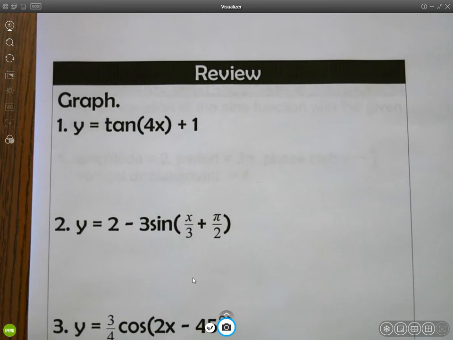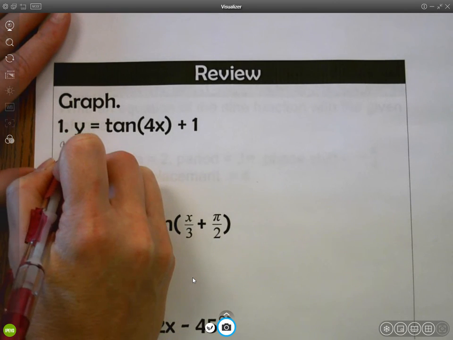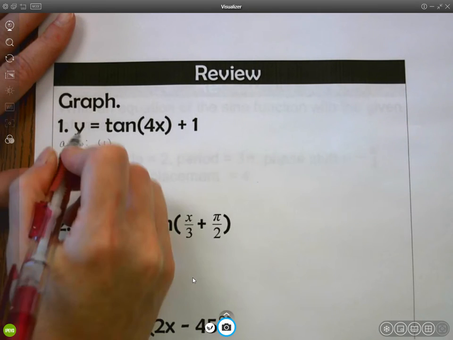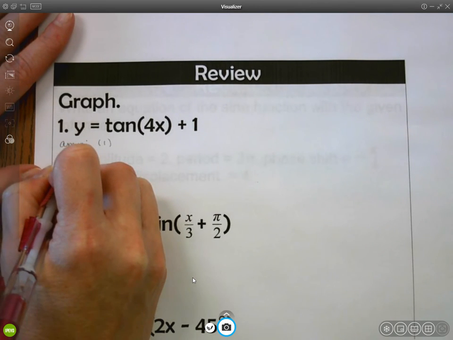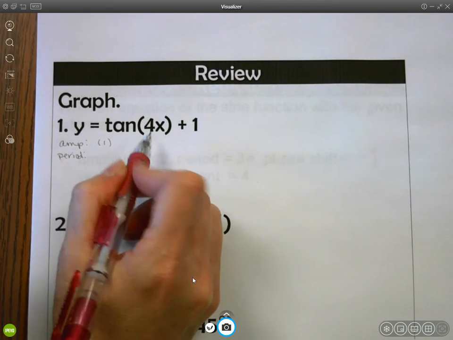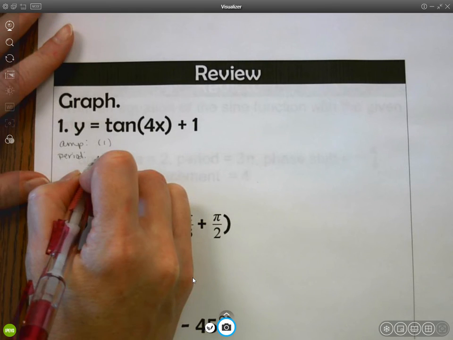Okay, so to graph tangent, it doesn't really have an amplitude, but if it did, it would be 1. The period is normally 180 for tangent. Since there's nothing in there saying radian or degree, we can choose radian.